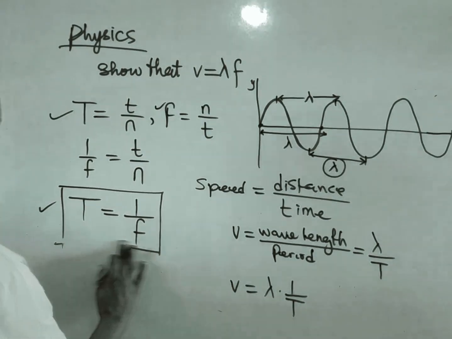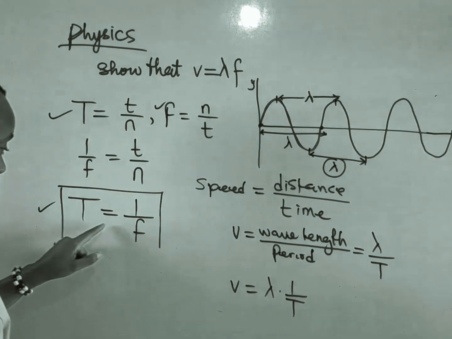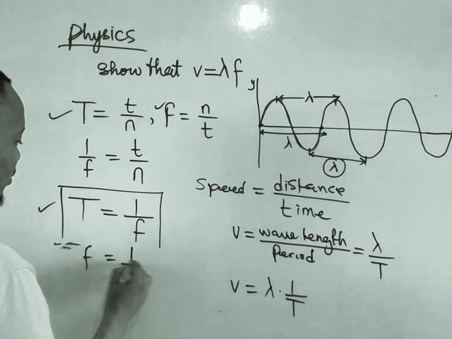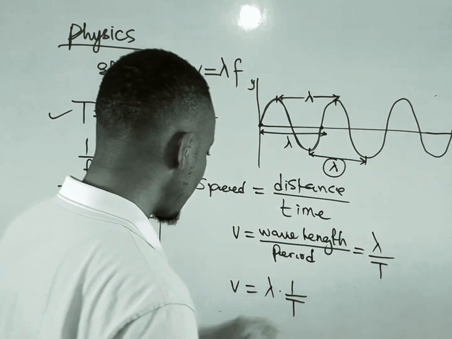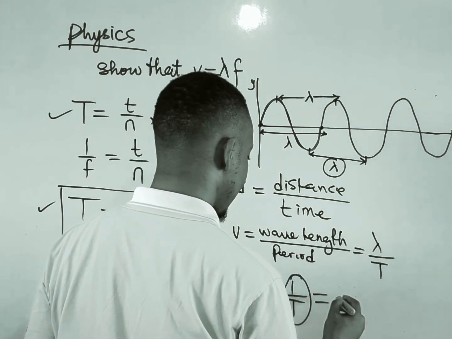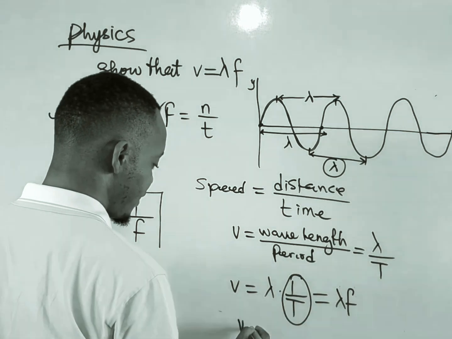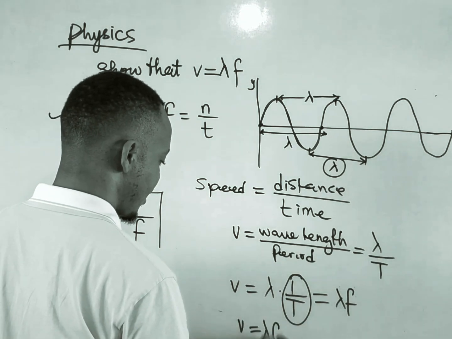You know that frequency f is equal to 1 over T. So I replace it and get lambda f. Therefore our v is equal to lambda f.